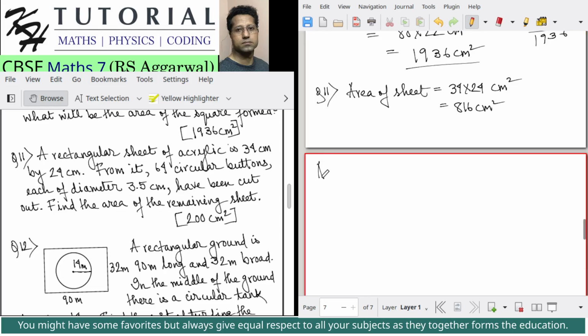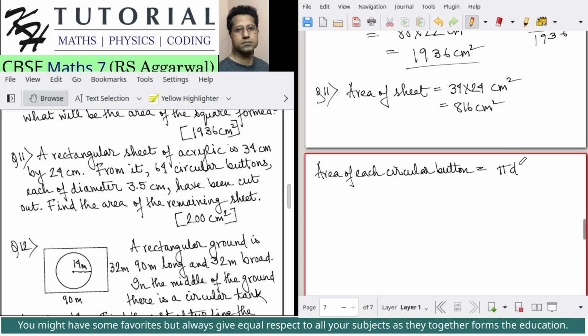And what is the area of each circular button? The area of each button will be pi r square. The diameter is given to be 3.5. We know that area is equal to pi d square by 4.